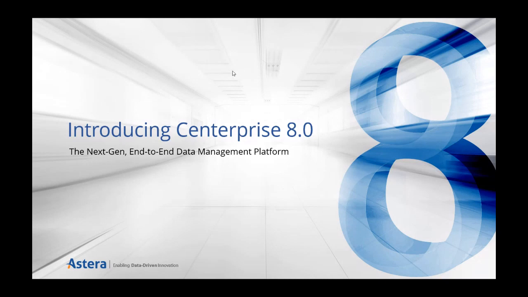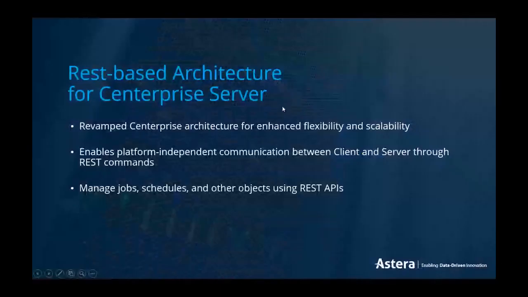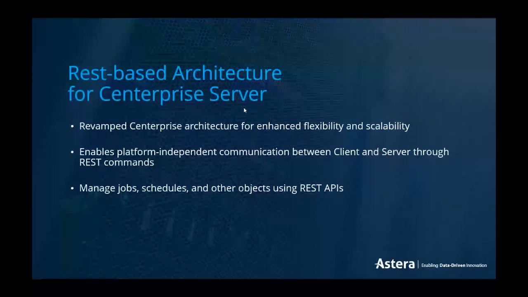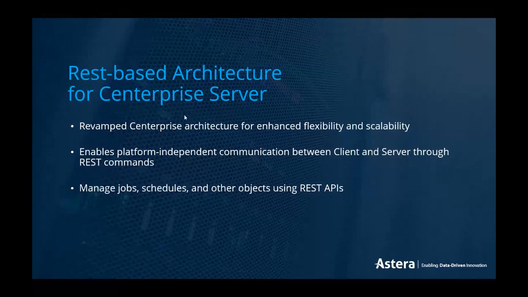But the biggest change, I would say, is the introduction of the REST-based server architecture. So we've completely revamped the Centerprise server for enhanced flexibility, scalability, and also security. So now it's based on HTTP calls from the client to the server.